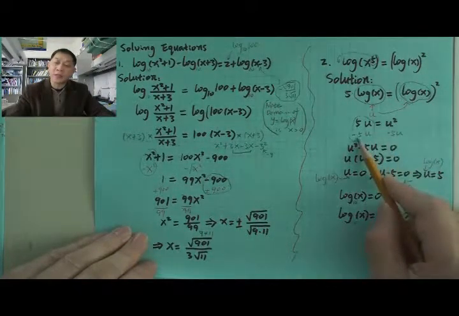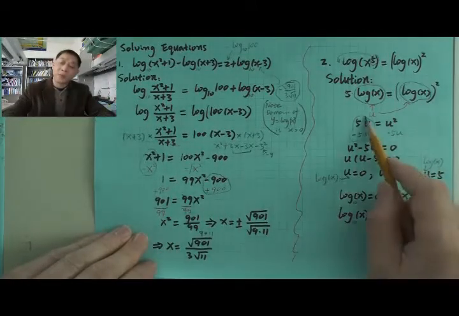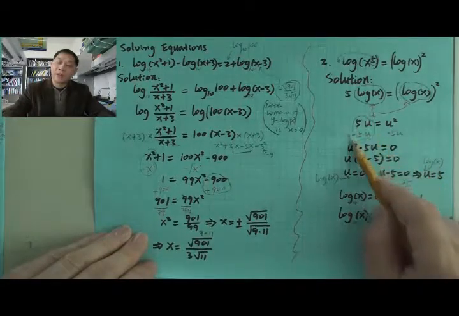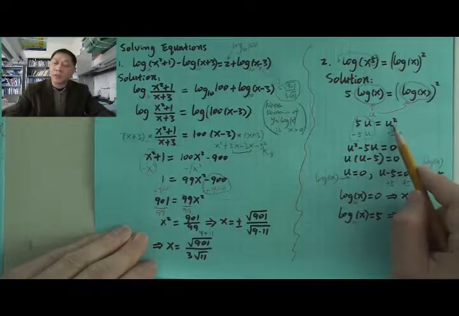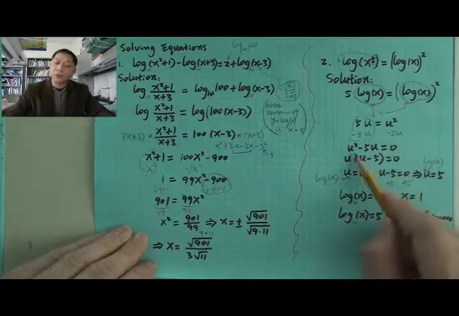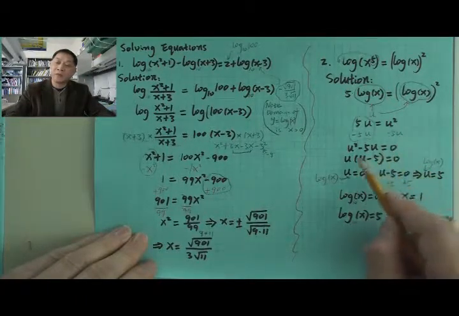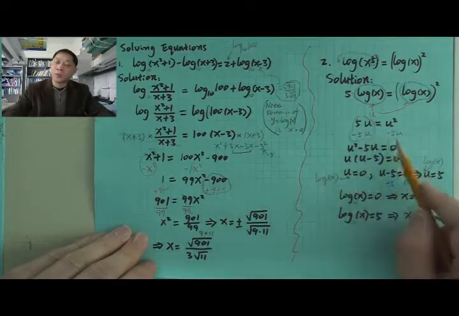So you see, both sides minus 5u. You cancel positive negative 5u. Then the left hand side is just 0, and the right hand side is u squared minus 5u. So you put it on the left, and the left hand side 0 goes on the right.